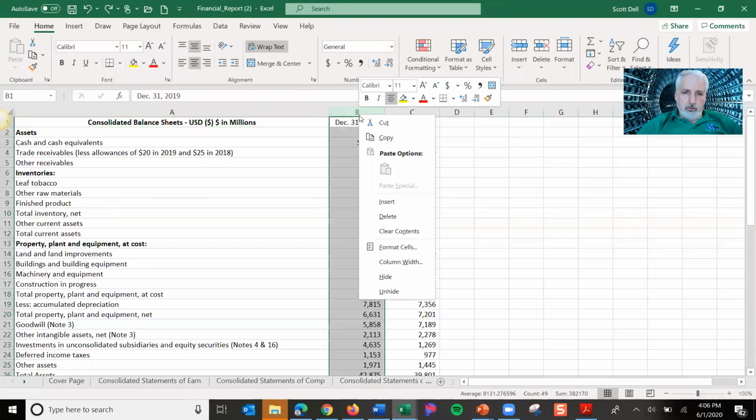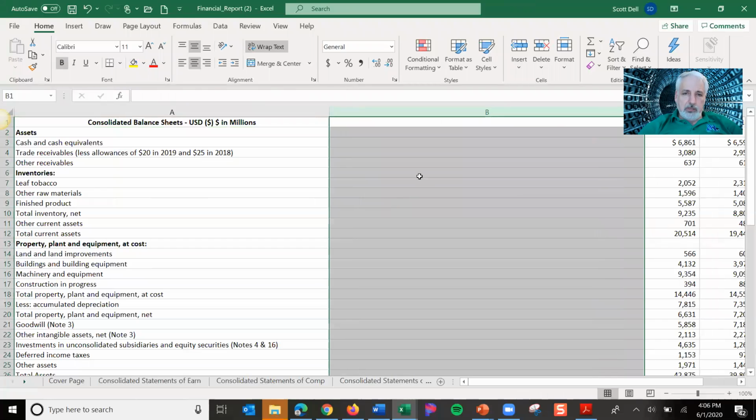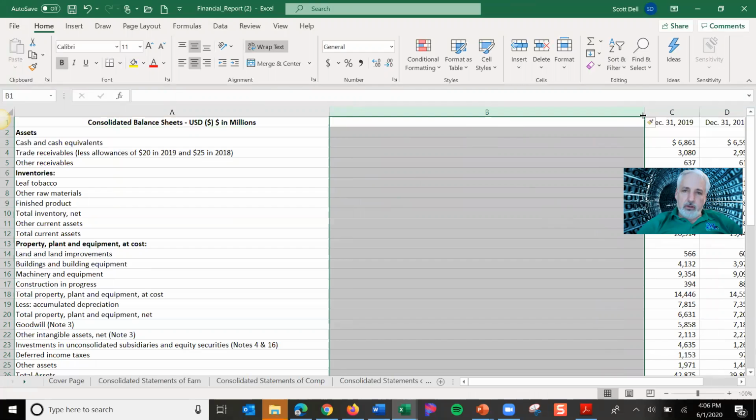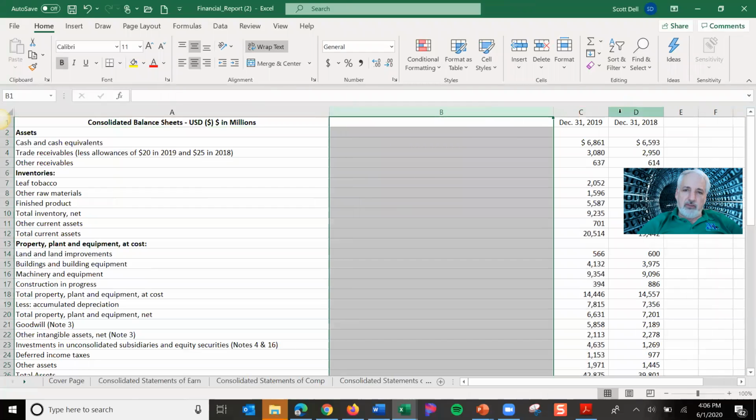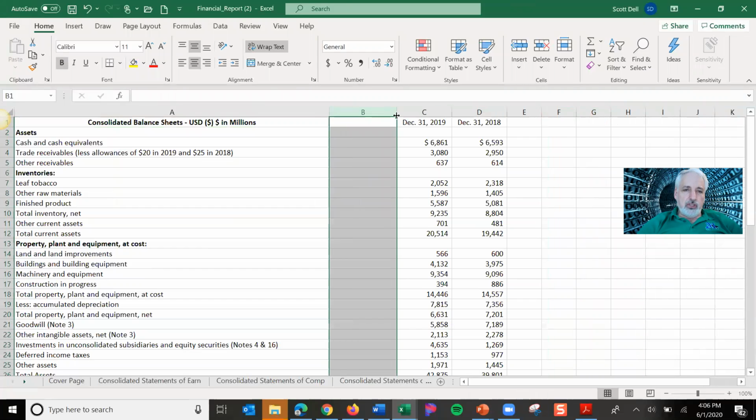So we're going to insert a column, and I'm going to calculate a percentage. That percentage will be the value as a percentage of my balance sheet, as a percentage of total assets. What percent is inventory? So I take my total inventory number, which is right over here, of 9.3 billion.